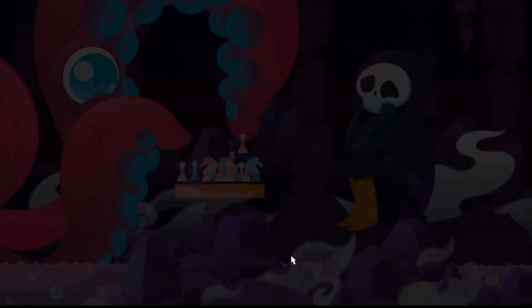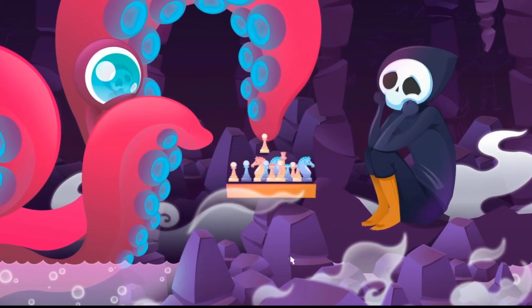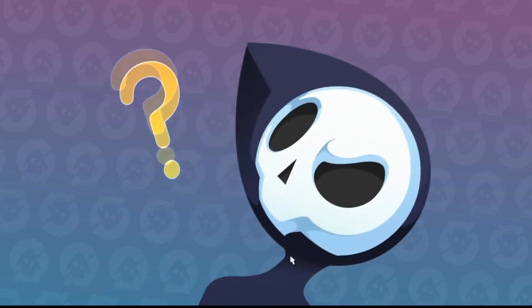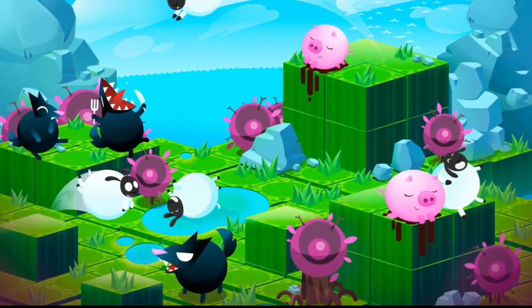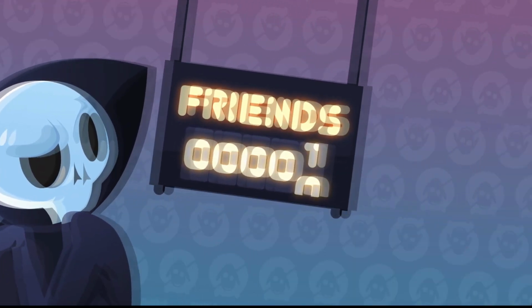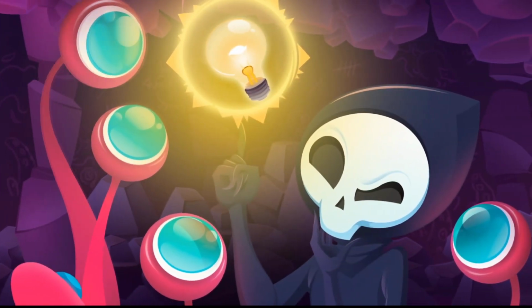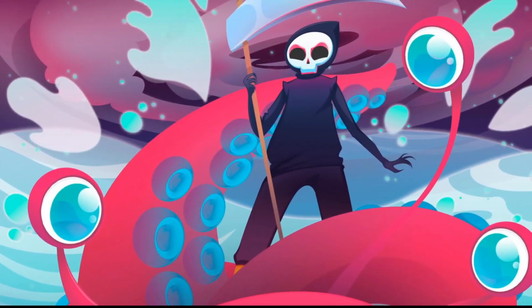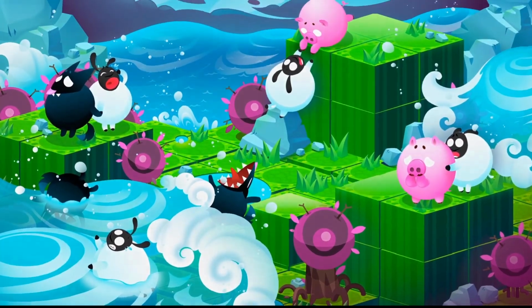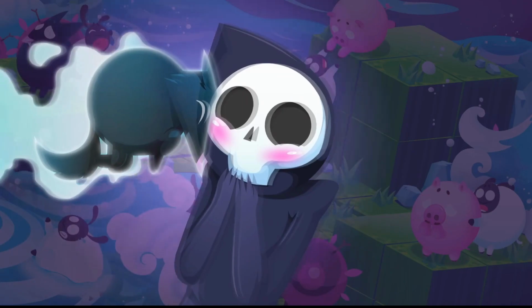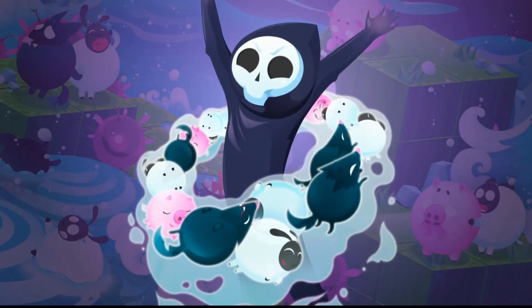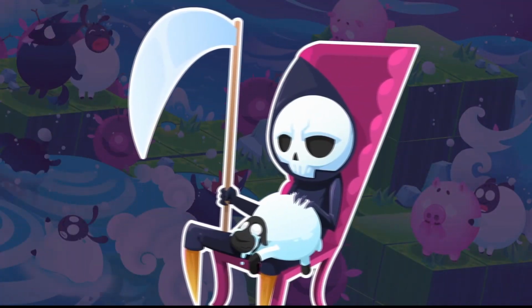I imagine the first level is just going to be a tutorial. Here you have death and what looks like Cthulhu, and we have pigs and wolves and sheep. And so death has an idea. He's going to ride Cthulhu and flood the world to get more souls of sheep and wolves and pigs as his friends.